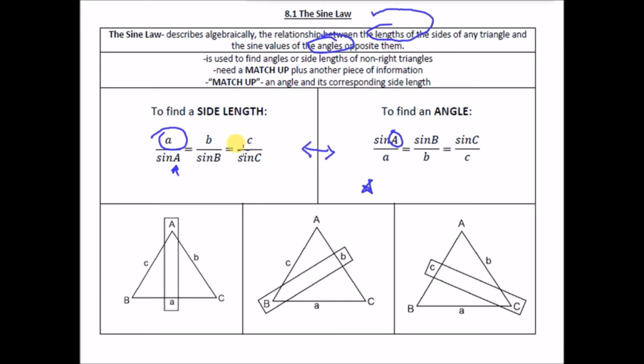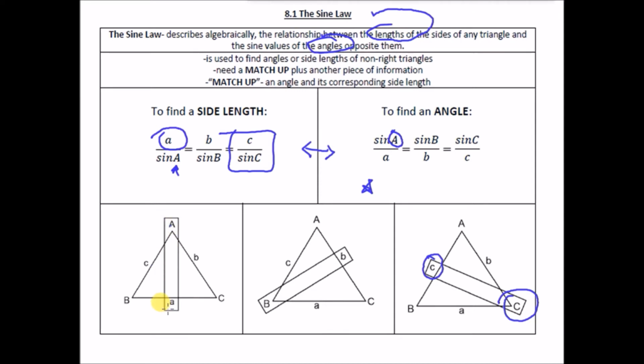Pretty much what we're doing is, if you see c and sine C, we have side c and angle C. So all we're doing is finding the ratio between the side length and the sine of the angle. I showed you 3 matchups down here.